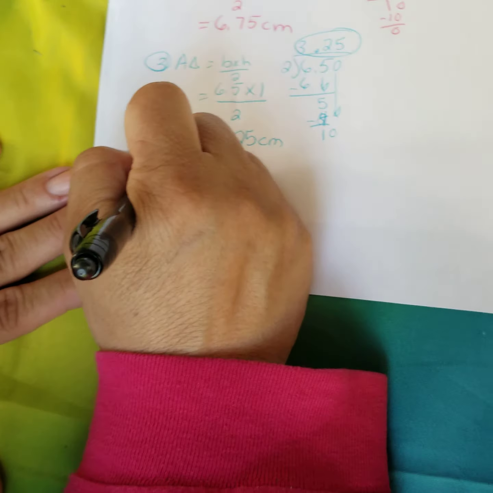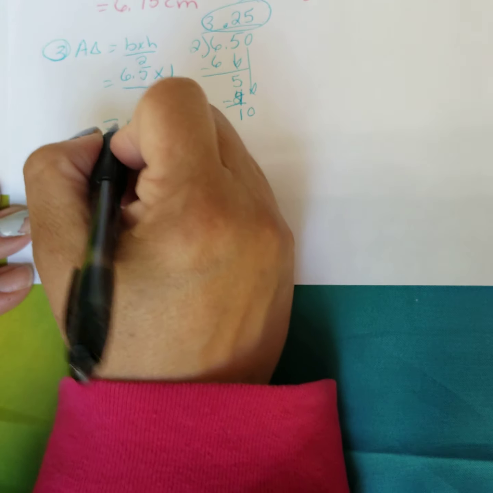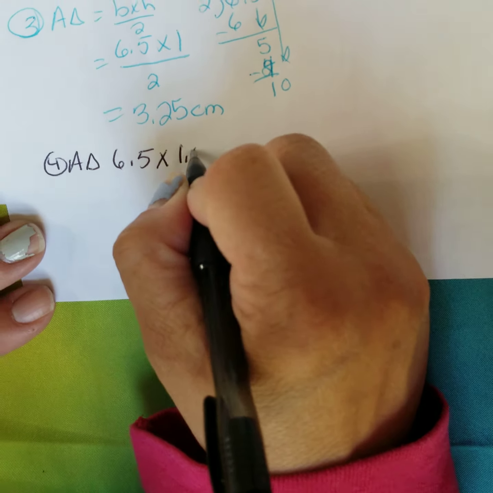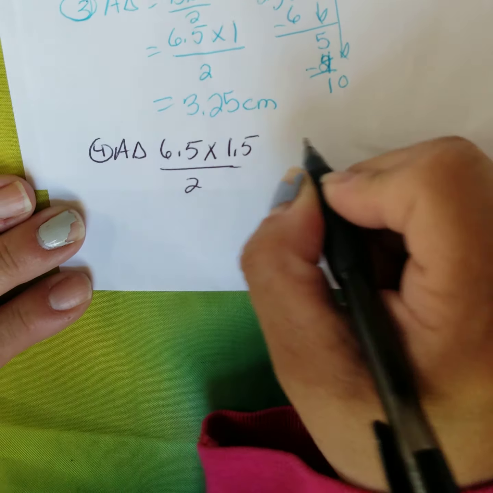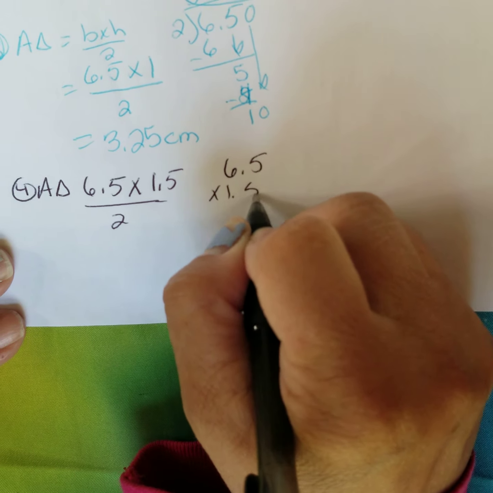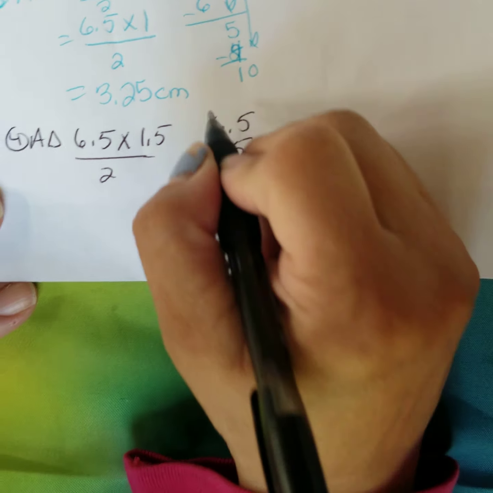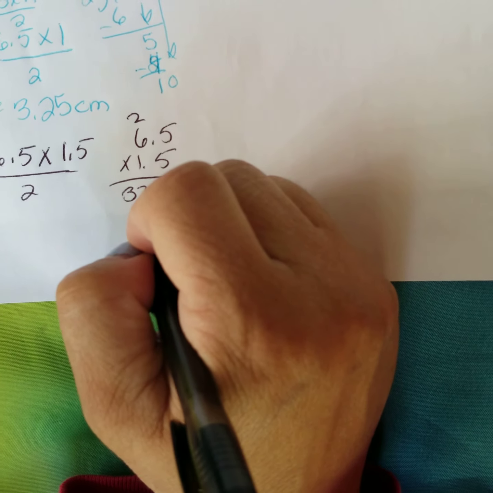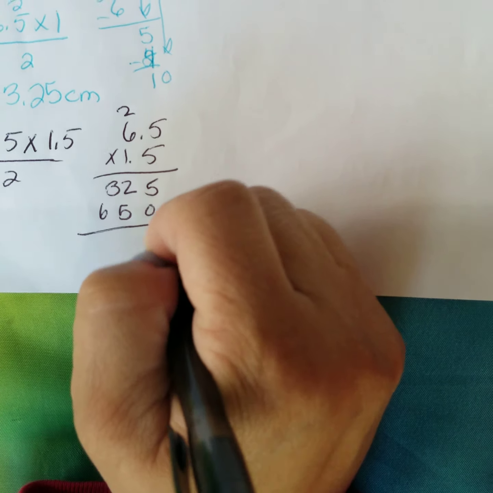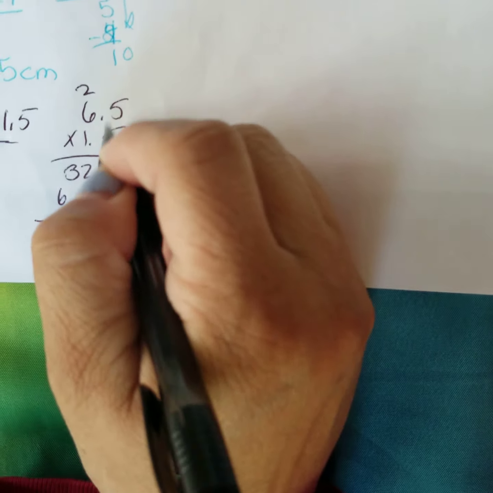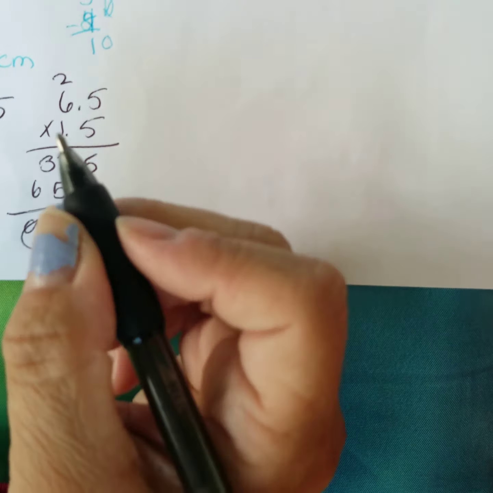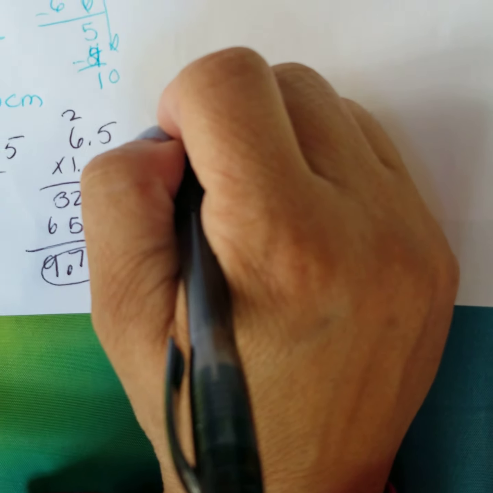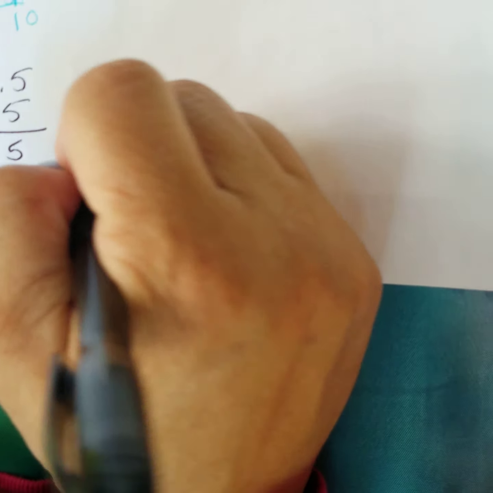So the area of the triangle is 6.5 times 1.5 divided by 2. Okay, so 5 times 5 is 25, 32, placeholder. 5 times 1 is 5, 6 times 1 is 6, that's 5, 7, and 9, 1, 2. So then we take that and divide it by 2. That goes in 4 times, 8.